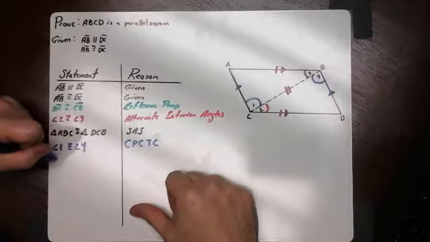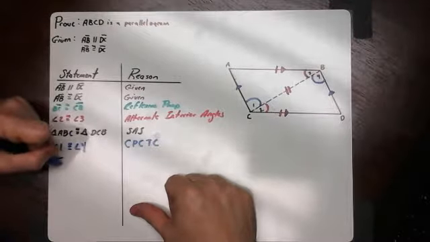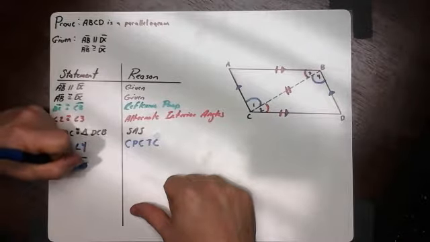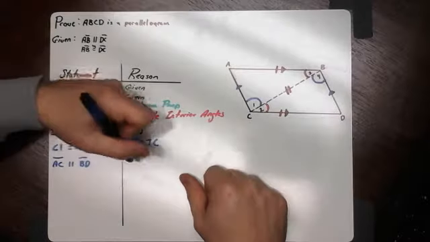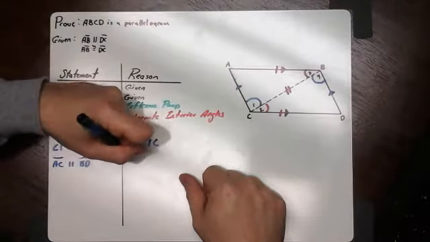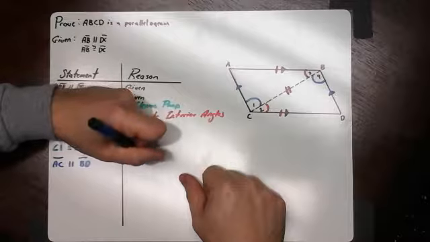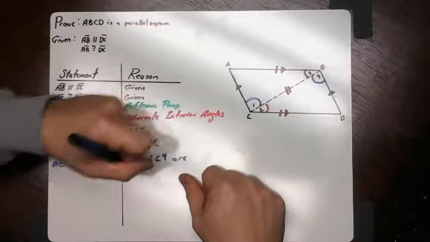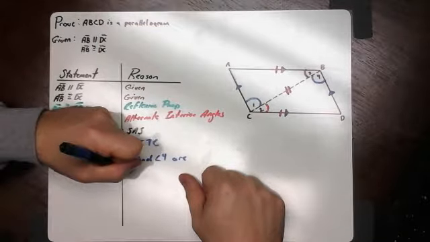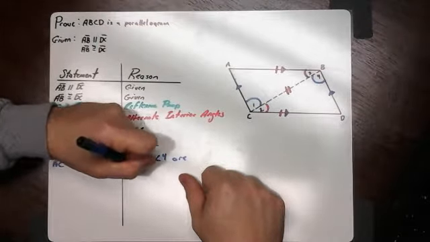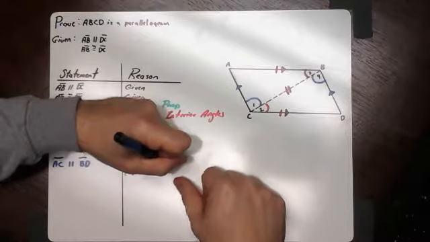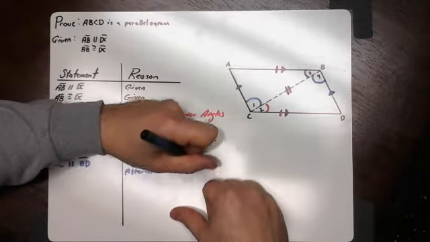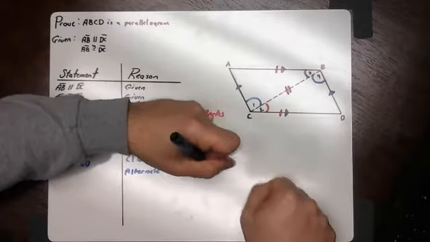So I'm going to say that AC is parallel to BD because angle 1 and angle 4 are alternate interior angles. Okay, let's get that written out.